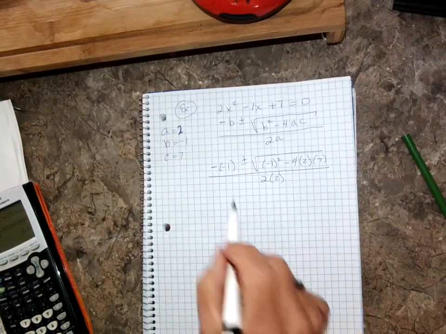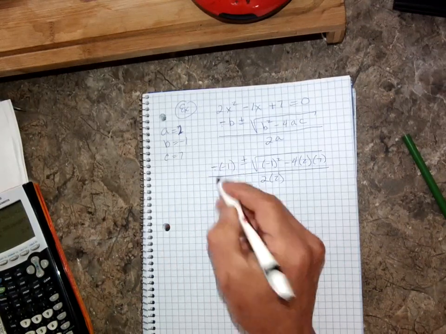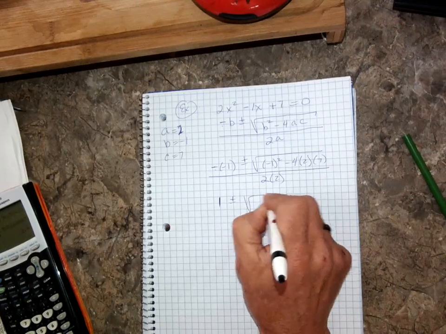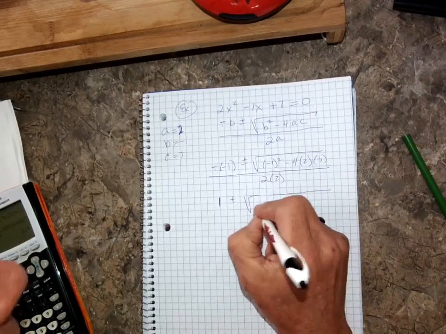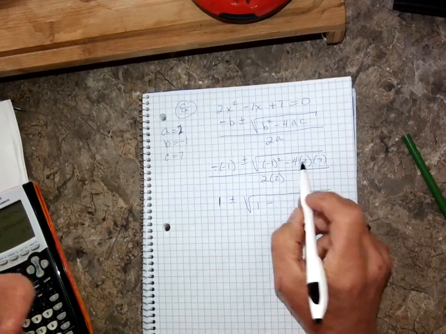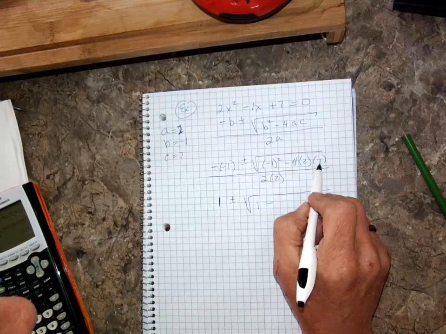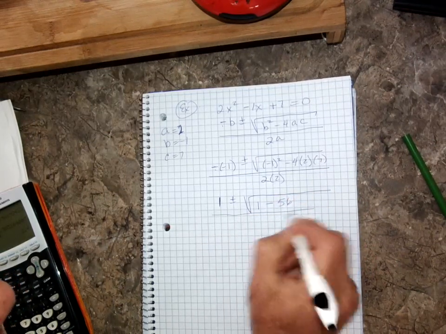I got a minus a negative 1, so a double negative is positive 1, plus or minus, big square root, negative 1 squared. Negative 1 times negative 1 is a positive 1, minus, let's see, 4 times 2 is 8, times 7 is 56, minus 56, all over 4.